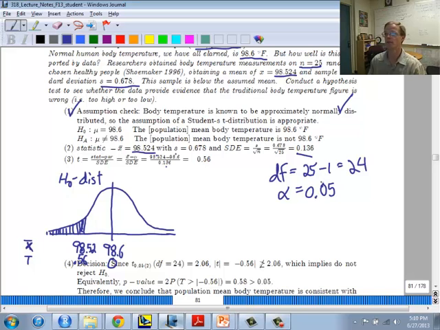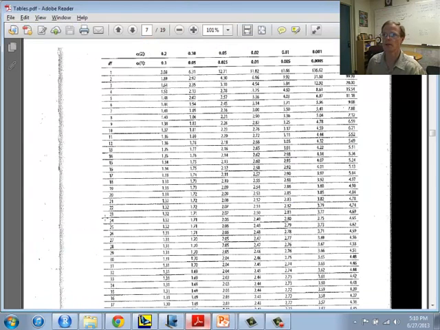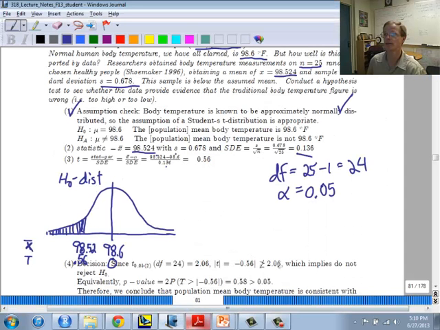Use that unless otherwise specified in a problem. So we're here at 24, and we have a 0.05. It's a two-tailed test, as we said, since we're using a not equal to in the null hypothesis. That gives us a 2.06.